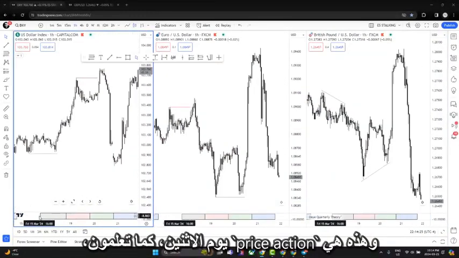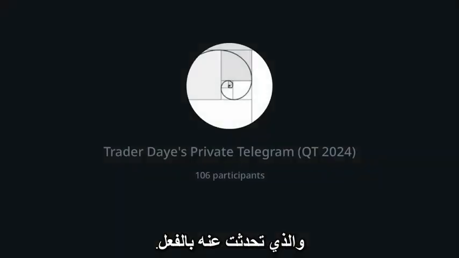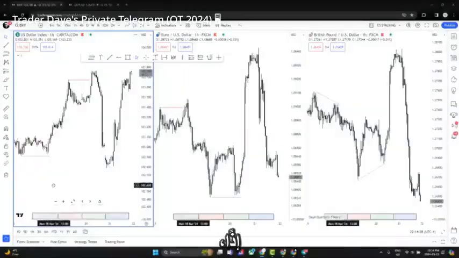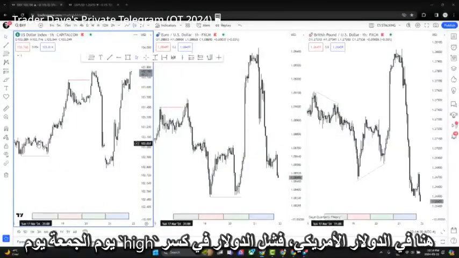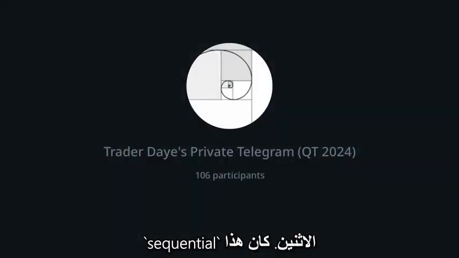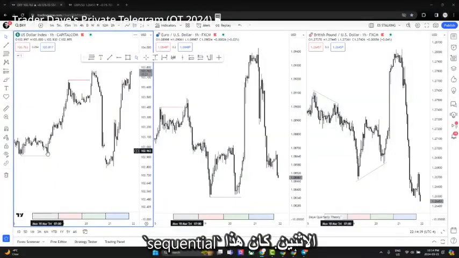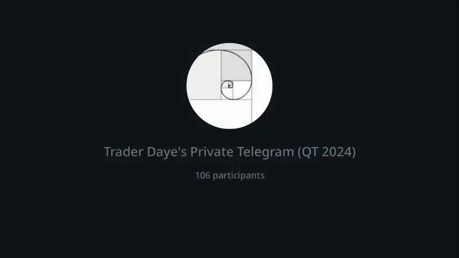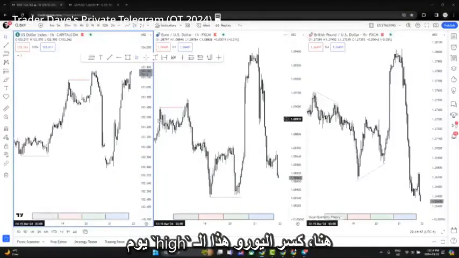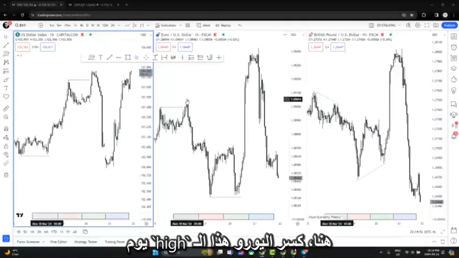This is Monday's price action, which I already talked about. So here, within the US dollar, we had the dollar failing to take out Friday's high on Monday. This was sequential SMT. Here we had the euro taking out Friday's high on Monday.